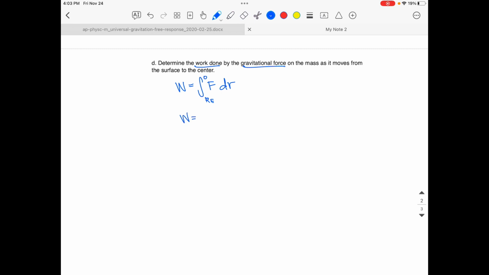Because we're working inside the Earth, our gravitational force is going to be negative G big M little m r over the radius of the Earth cubed. And again, big M is going to be the mass of the Earth. But what's nice is all of this is a constant, so we can just pull all that out.